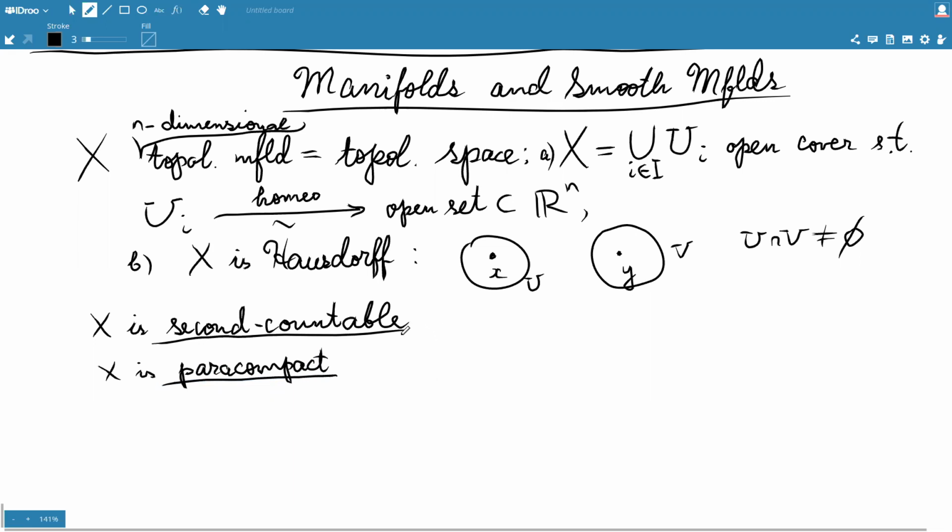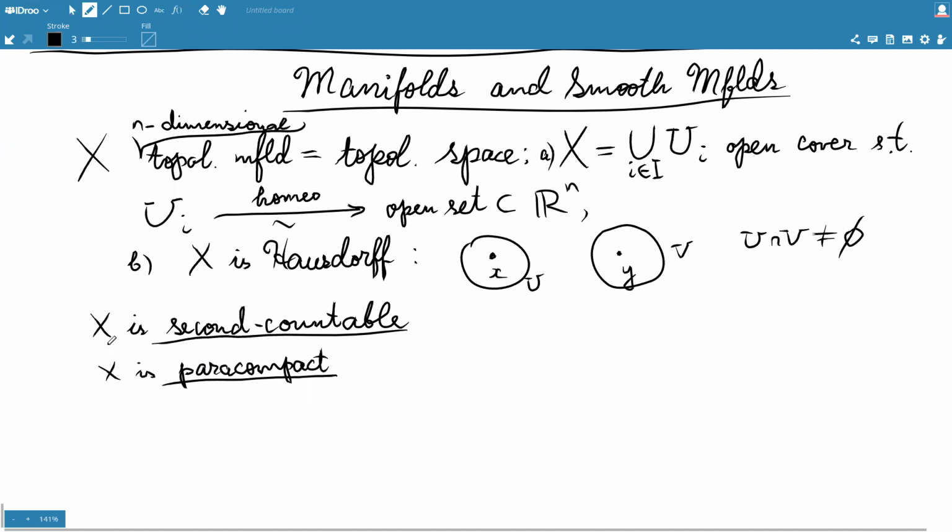So if we need to have a partition of unity, which I will remind you later, on the manifold, then we impose some general conditions. It depends on our choice. When it is second countable, then it is automatically paracompact.